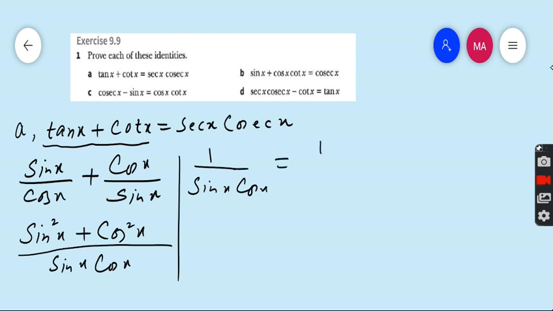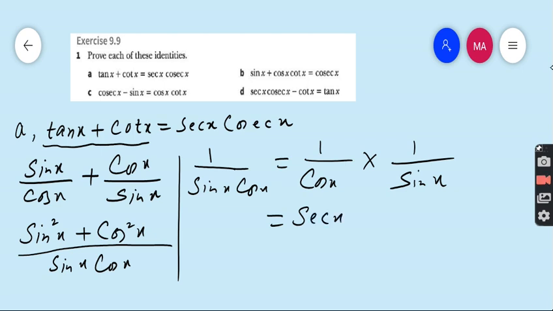This can also be written as 1 upon cos x into 1 upon sin x. You know cos is the reciprocal of sec, therefore 1 upon cos is sec x, and sin is the reciprocal of cosec, therefore 1 upon sin is cosec x.